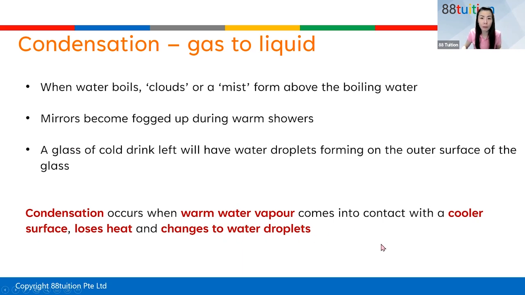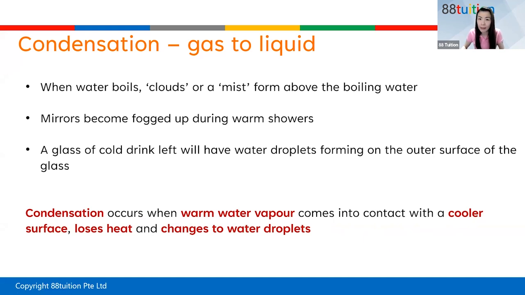The very important thing is the warmer water vapor coming into contact with a cooler surface, and then losing heat. The warm water vapor loses heat and changes to water droplets. This is known as condensation. Are you clear on this? Yes, good. So all these terms are important.